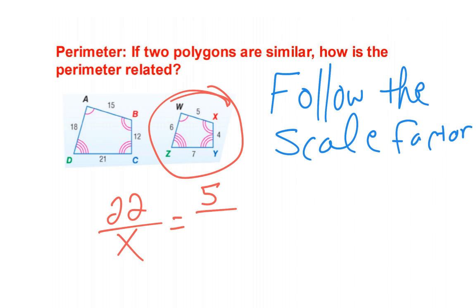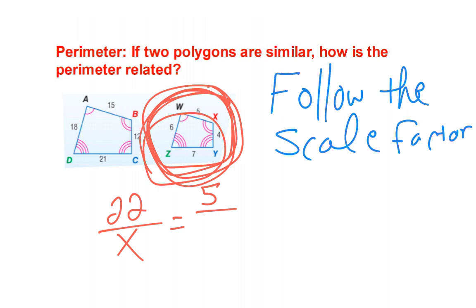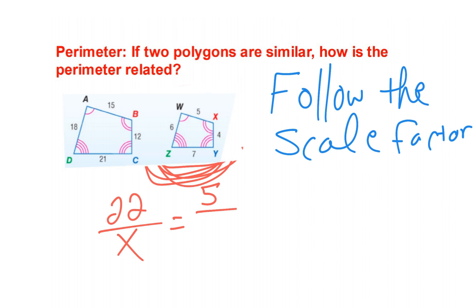Because I started with the perimeter of WXYZ, look, I am going to start with a side on that one. And I personally like the 5. What does 5 match up with? 15.